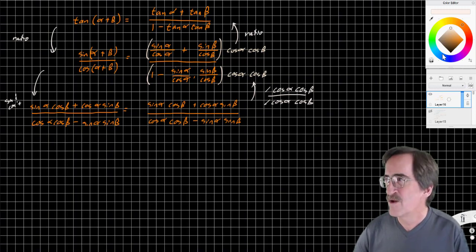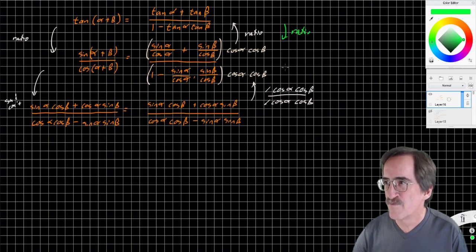Okay, and going the other direction, use the ratio identity just in the other direction, and then multiply cosine alpha, cosine beta on top and bottom.